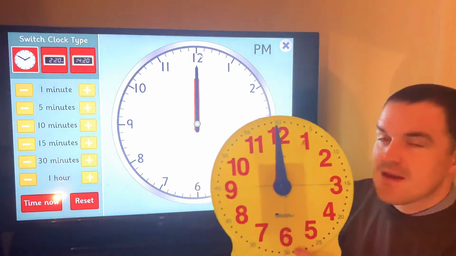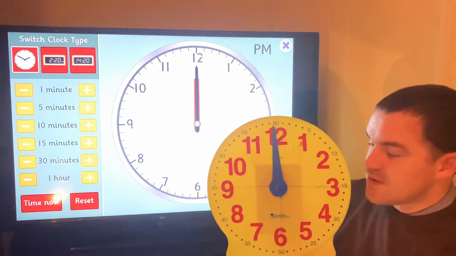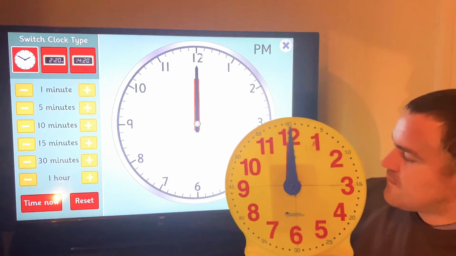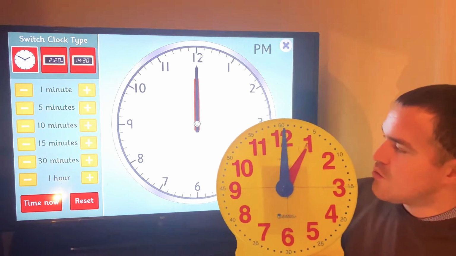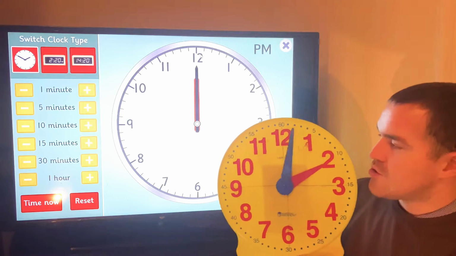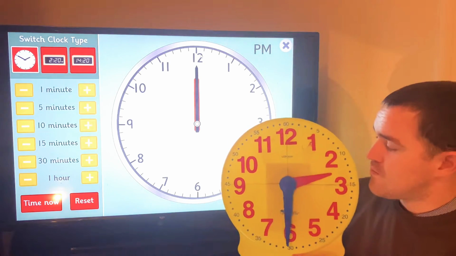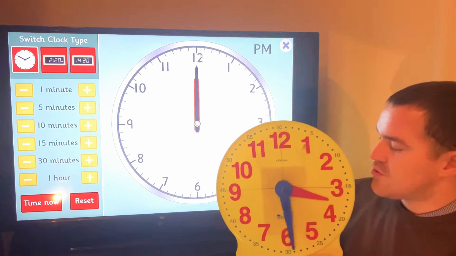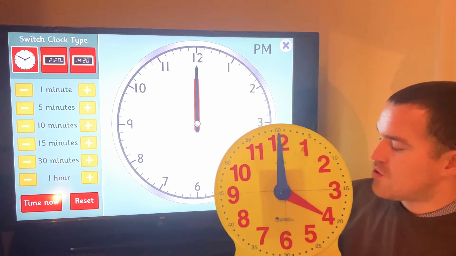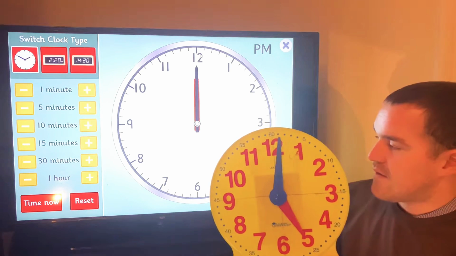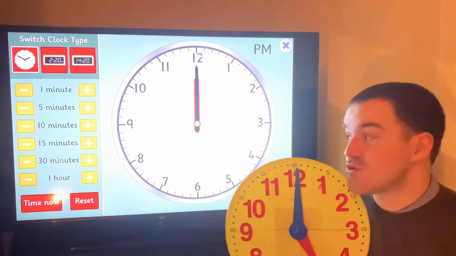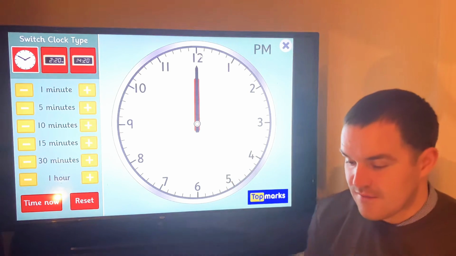So 12 o'clock until 5 o'clock. Let's count the hours as we go along. Starting at 12, we're going to go 1 hour, 2 hours, 3 hours, 4 hours, and 5 hours. It took 5 hours to get from 12 o'clock until 5 o'clock.